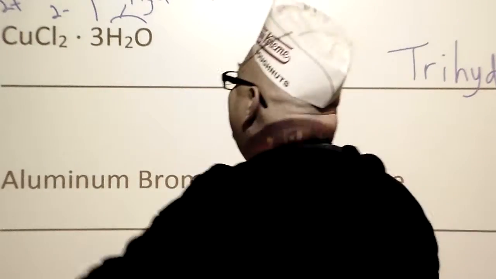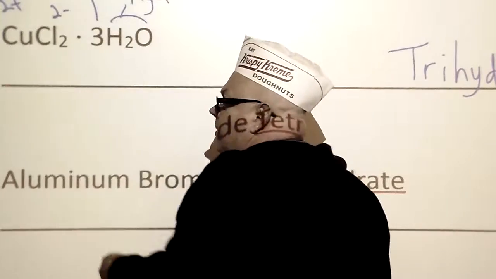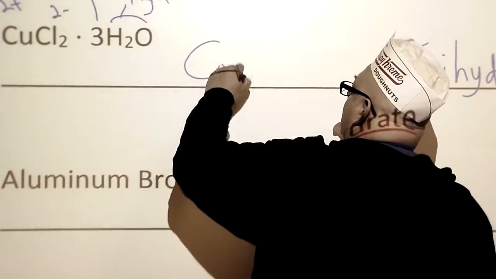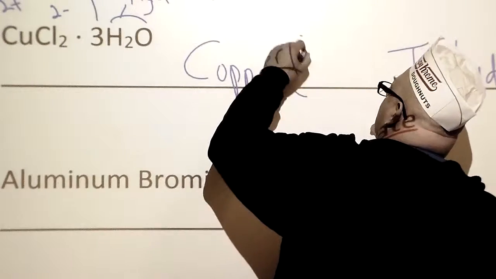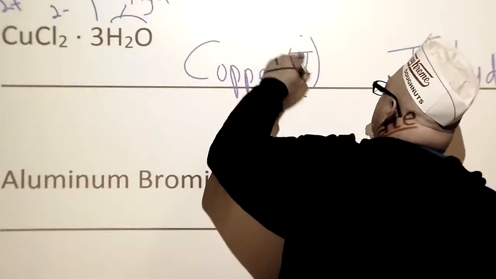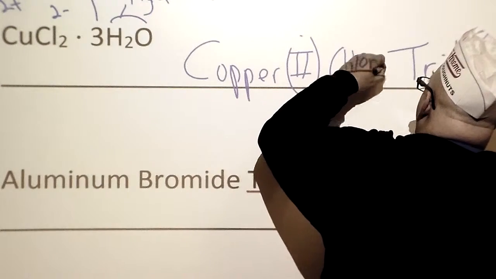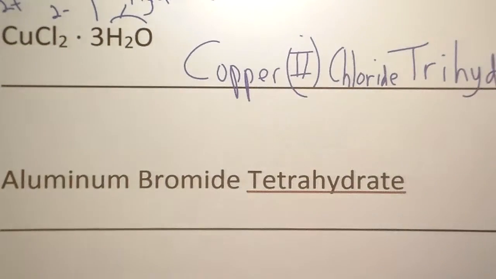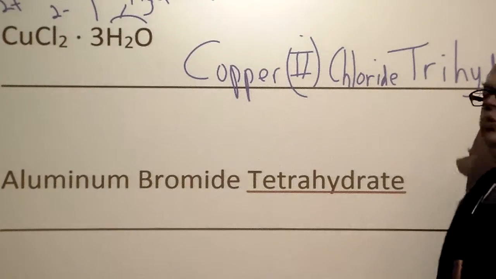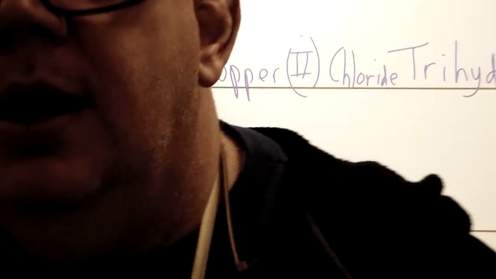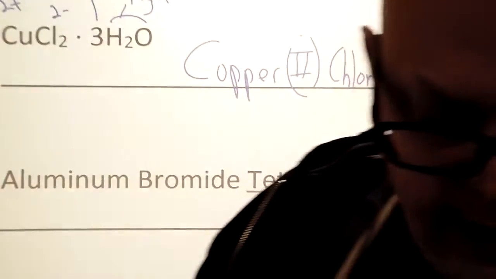Because remember, this has to equal 0 to be balanced. So I'm going to go with copper, Roman numeral 2, chloride trihydrate. Woo! Okay, I think we got time for one more, do we? Yeah, we do. Okay.